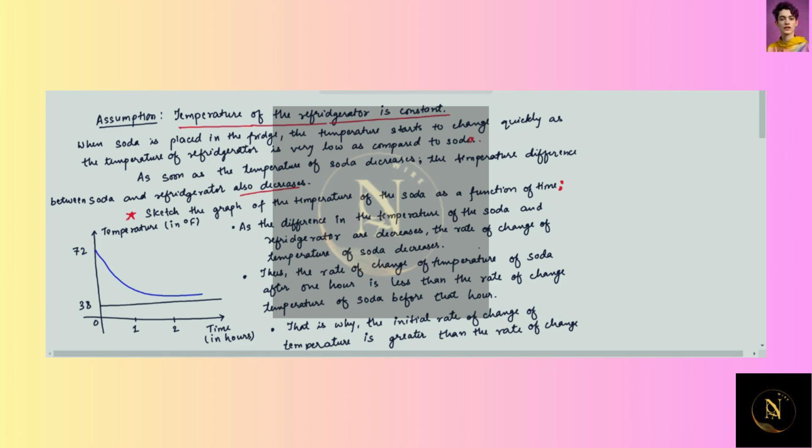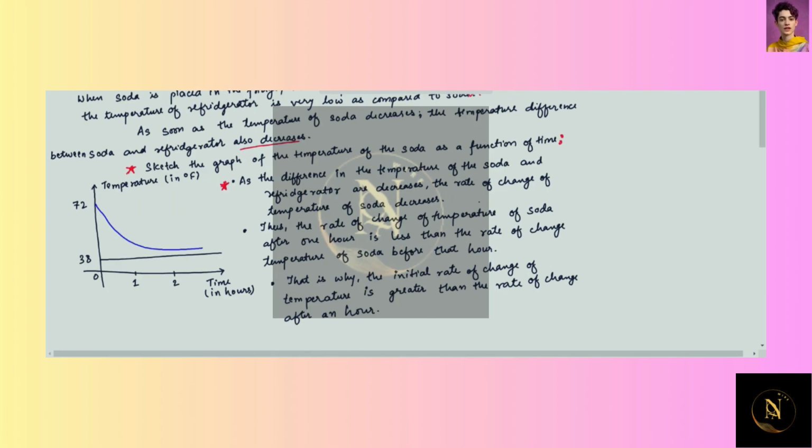And now secondly, it is asked for the initial rate of change of temperature, right? So we are just giving the reasons why it is so. As the difference of the temperature of soda and refrigerator decreases, the rate of change of temperature also decreases for the soda, right?